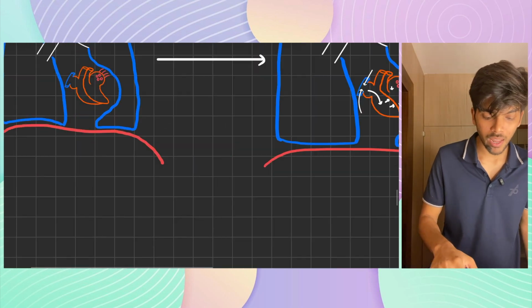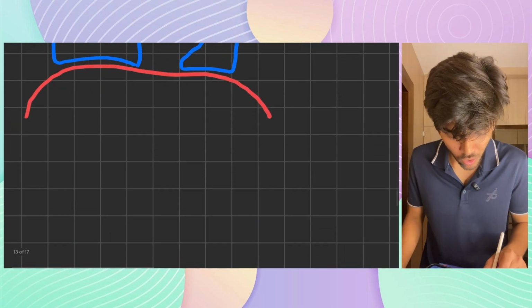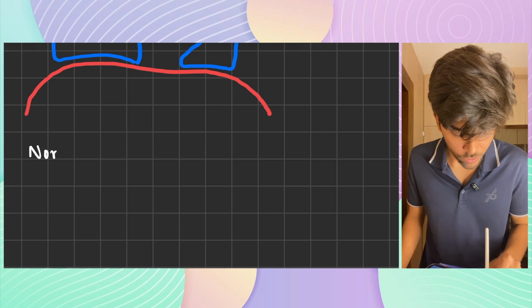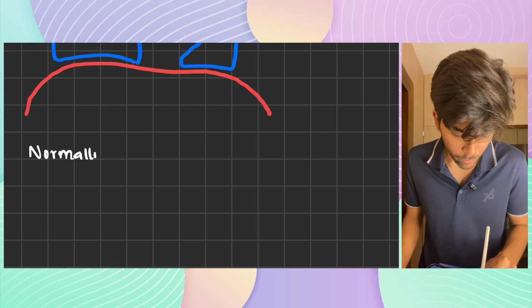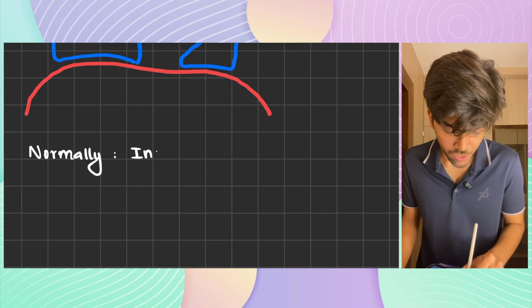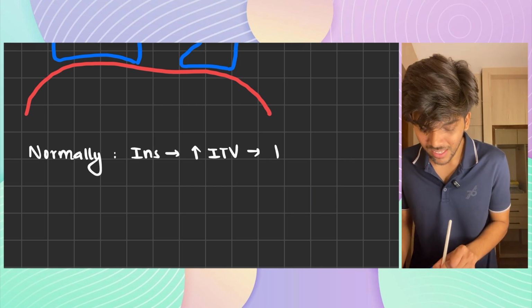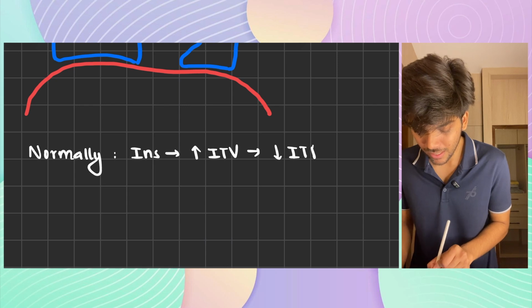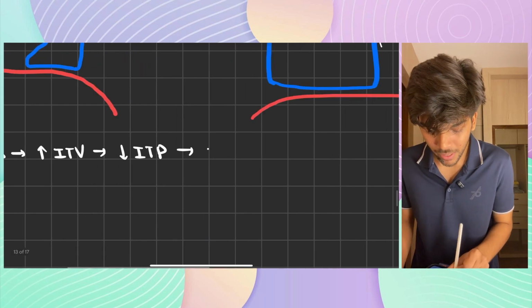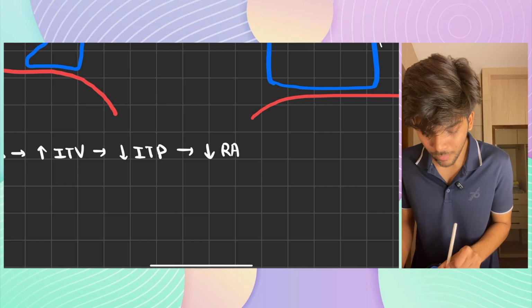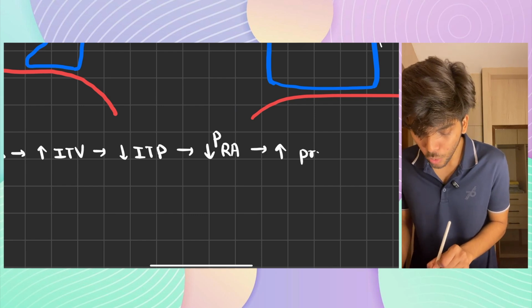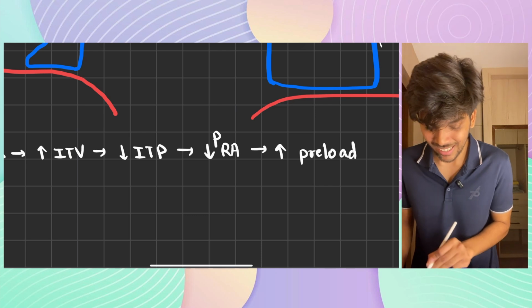Okay, let's revise what I have said just now. Physiologically, or normally, this is what goes on. Normally, with inspiration, the intrathoracic volume increases and the intrathoracic pressure decreases. As a result, the pressure inside the right atrium also decreases and the preload into the right atrium increases.